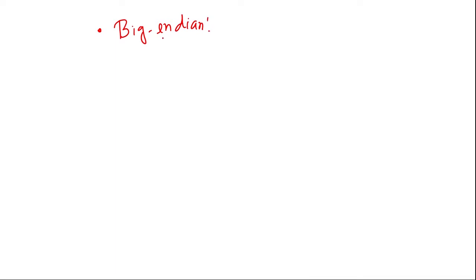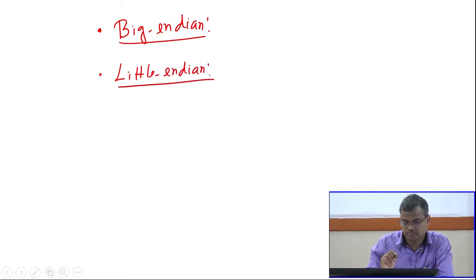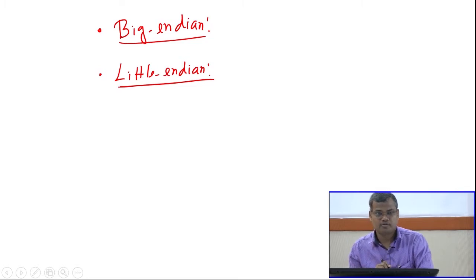Okay. So, then what we learned is, one is big endian, and another is little endian.